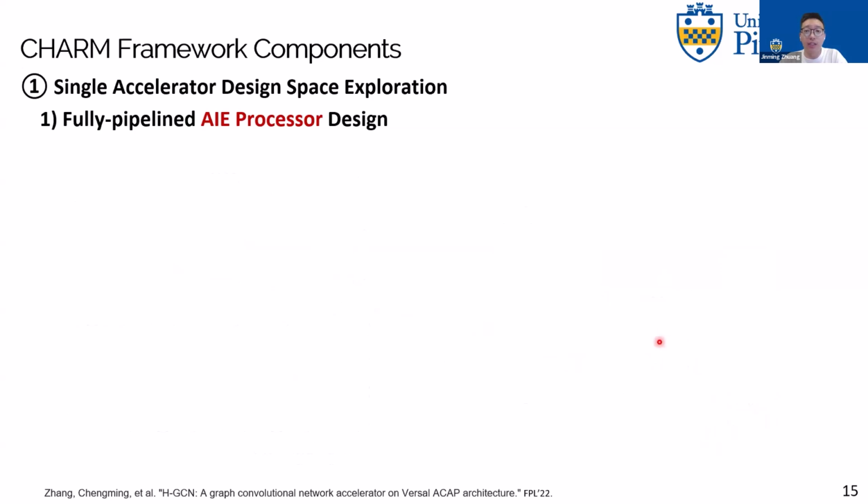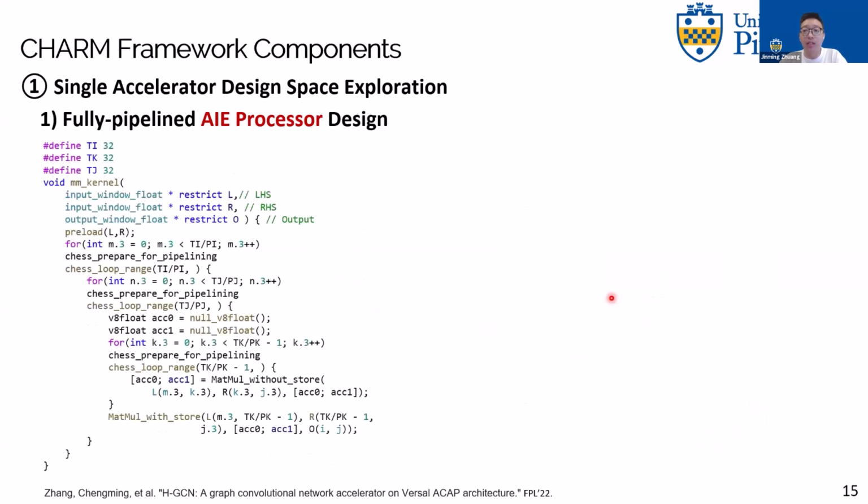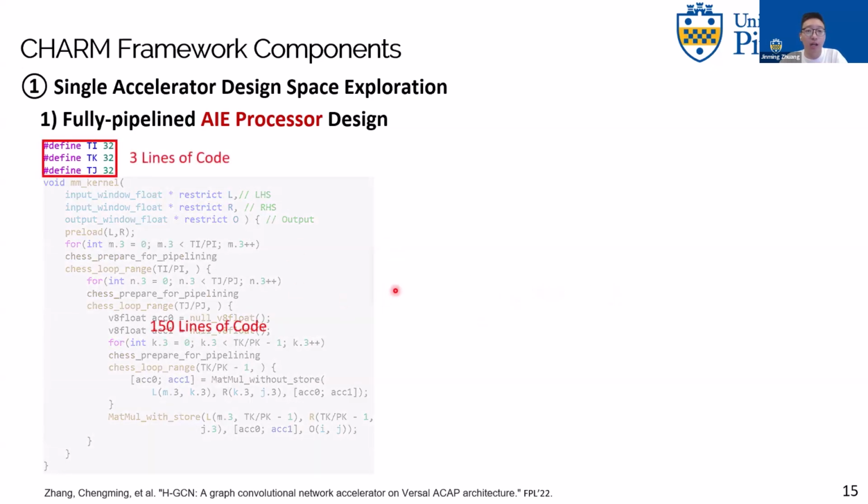And to ease the programming effort, we provide a template with high computation efficiency for matrix multiply, supporting matrix sizes that are multiples of 8 times 8 times 2. Instead of writing 100 lines of code every time, users can just input 3 lines of code to indicate the size of the matrices.